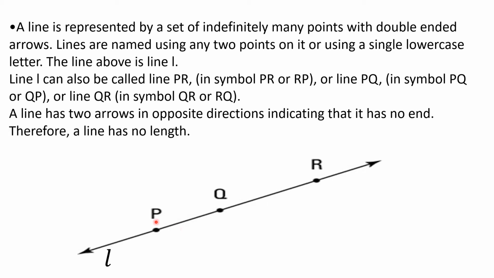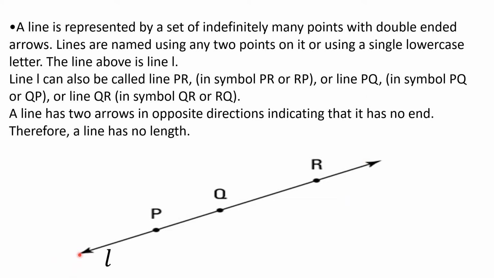And then we have here line QR. A line has 2 arrows in opposite directions indicating that it has no end, therefore a line has no length. These arrowheads indicate that our line is extended infinitely, so it has no end.